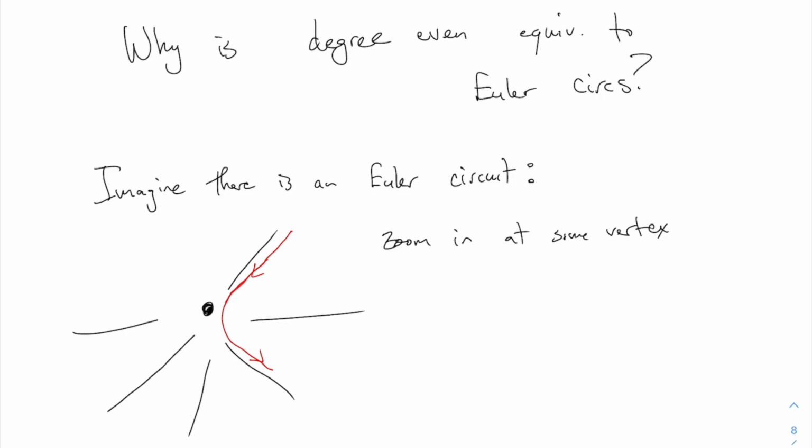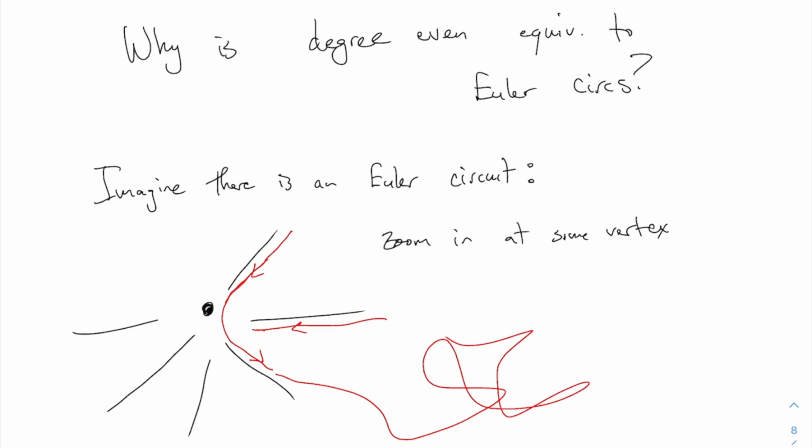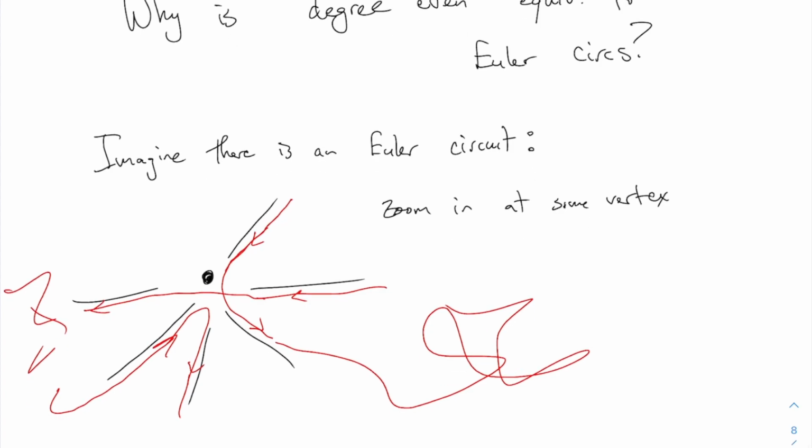The Euler circuit has to use all the edges, and so maybe it does some other stuff over here and eventually comes back along this one, maybe it goes out along that one again, and then does some other stuff, and then maybe it comes in along this one and comes out along this one again, right? This is what the Euler circuit looks like in our graph. It has to arrive at this particular vertex every so often, and actually cover all of the edges that come into this vertex.